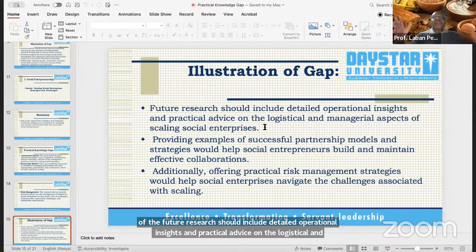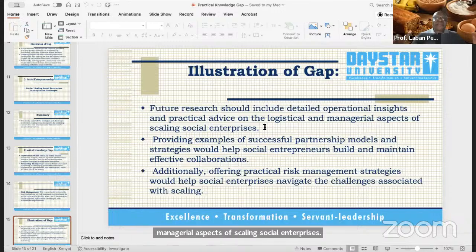I just want you to convince yourself, this is a practical knowledge gap. You are turning from theory to practice. Then providing examples of successful partnership models and strategies would help social entrepreneurs build and maintain effective collaborations. And additionally, offering practical risk management strategies would help social enterprises navigate the challenges associated with scaling.